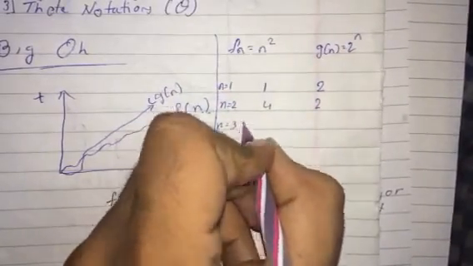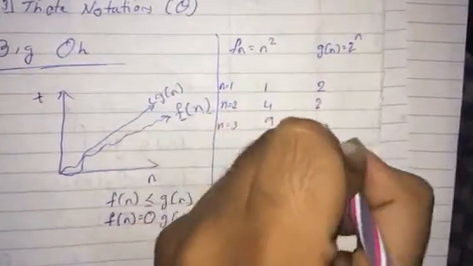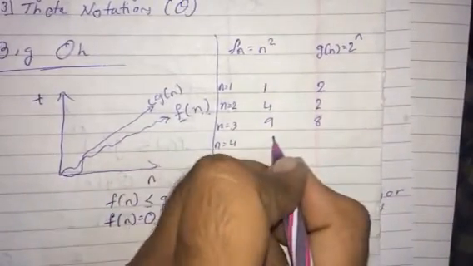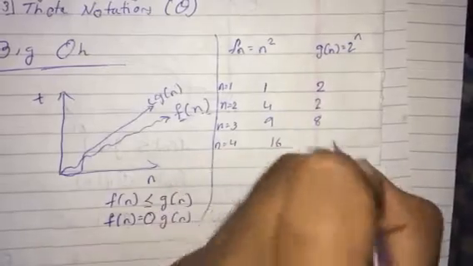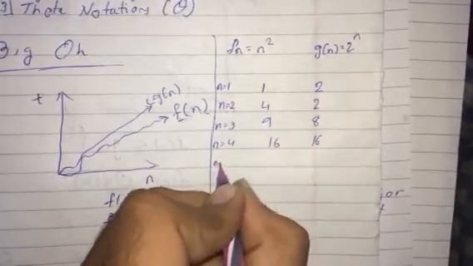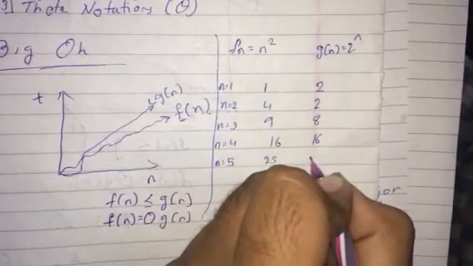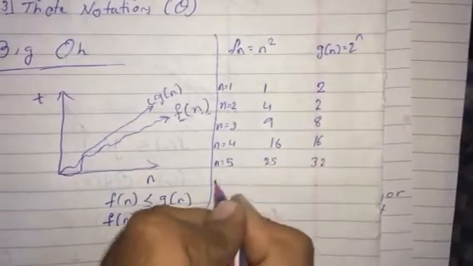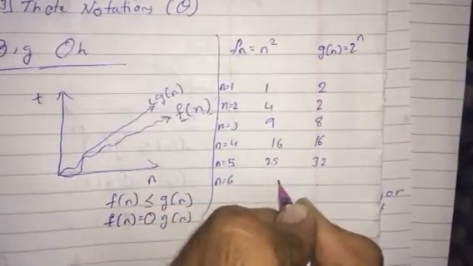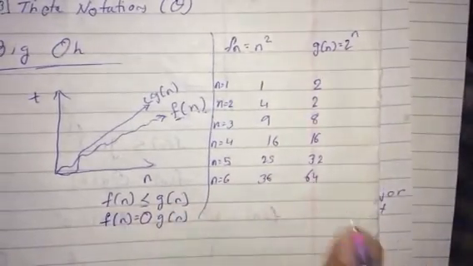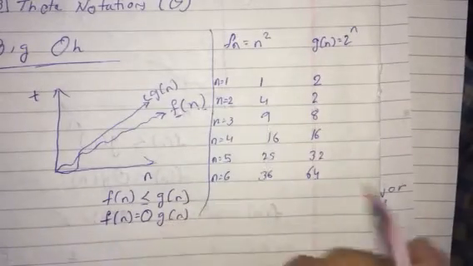N equal to 3, 9 and 8. N equal to 4, 16 and 16. N equal to 5, that is 25 and 32. N equal to 6, that is 36 and 64. Now let us analyze these 6 points.